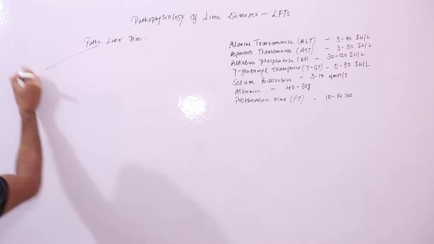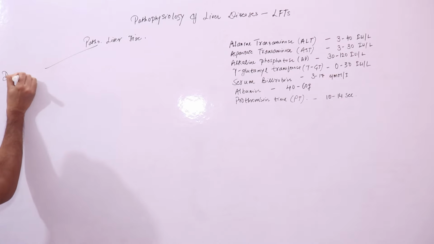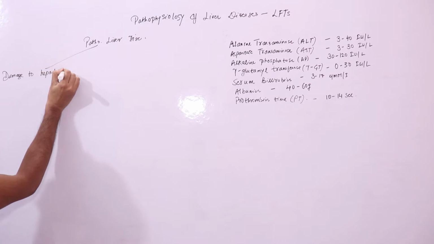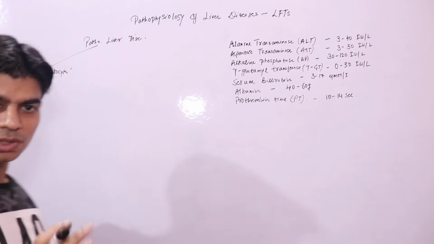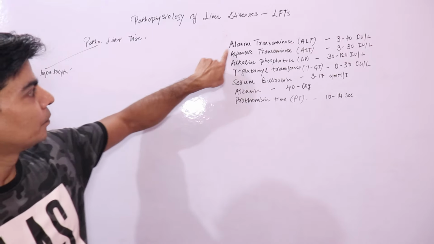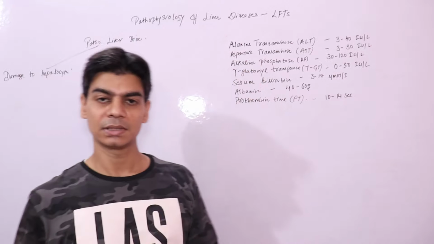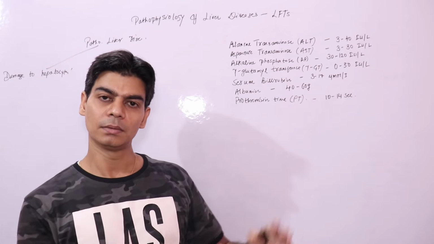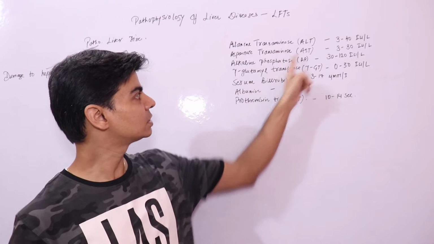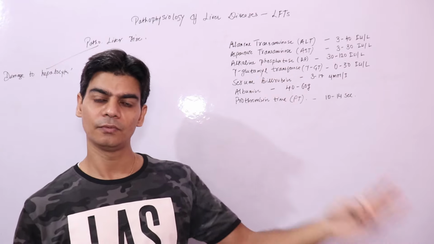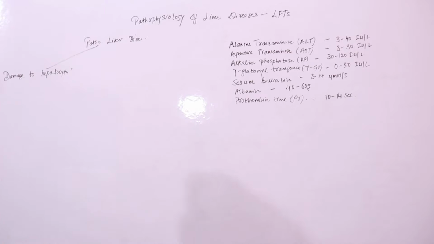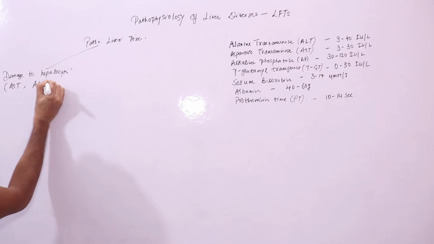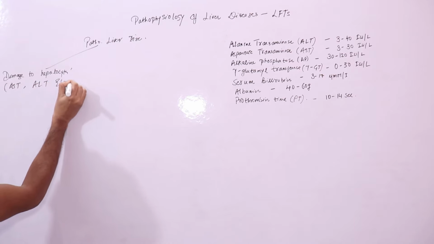First is damage to hepatocytes. If there is damage to hepatocytes, the first two, alanine transaminase and aspartate transaminase, will elevate. These two will show elevation more than the normal range. The ranges of these two will go up, so your AST and your ALT will elevate.